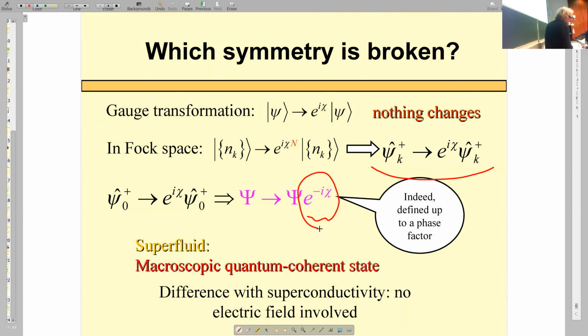What is the difference with superconductivity? Yeah, I guess I forgot to mention this. For superconductors, it's a condensate of charged particles, so there is an electric current associated with this. Helium atoms are neutral. That's why there's no electric current, but there are currents of particles, mass currents. All right, I guess I'm done with the super effects. We looked at superconductivity and at superfluidity. We have found broken symmetry in both cases, broken gauge symmetry, which means conservation of particles is somehow broken. That's because the ground states of these superstates are superpositions of different numbers of particles.